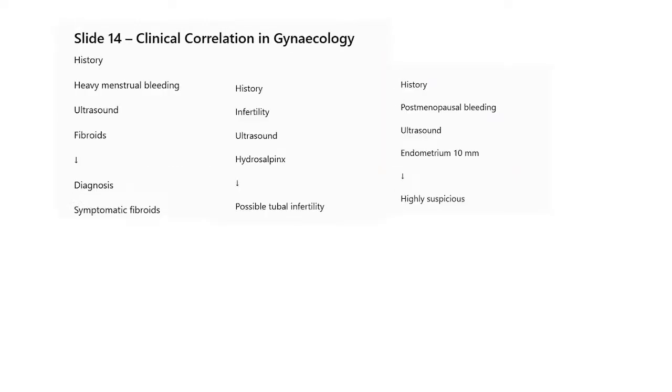So, the clinical correlation in gynecology, the history, heavy menstrual bleeding, ultrasound, fibroids, the diagnosis, symptomatic fibroids. History, infertility, ultrasound, hydrosalpinx, possible tubal infertility. History, postmenopausal bleeding, ultrasound, endometrium that is 10 millimeters, that's highly suspicious of endometrial cancer.